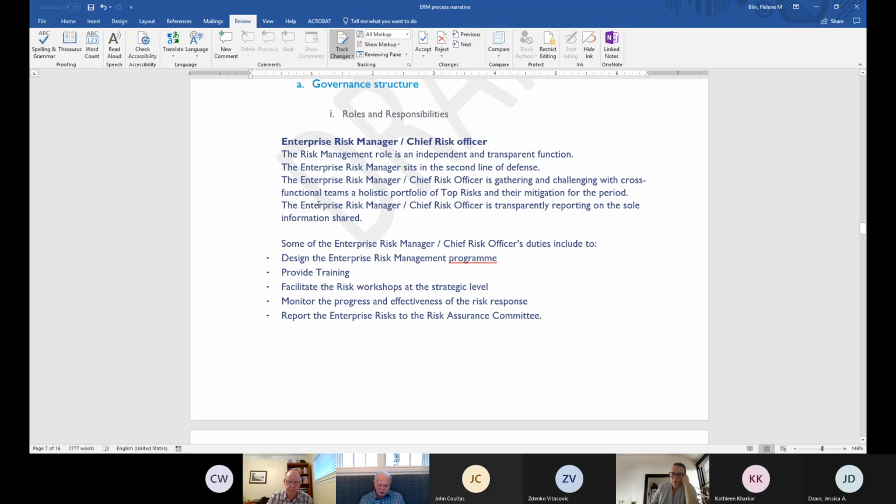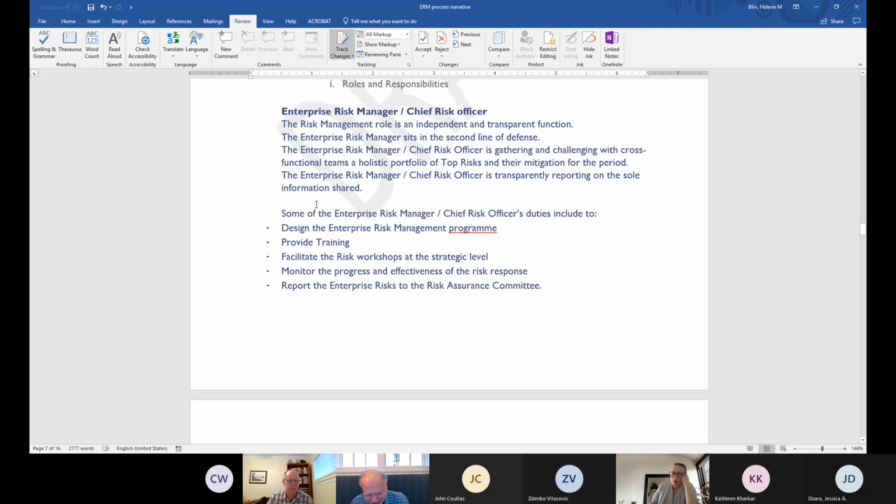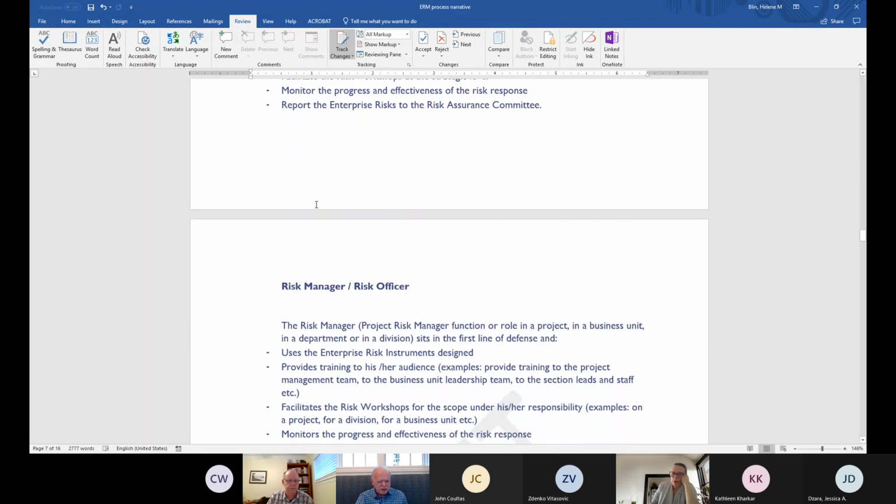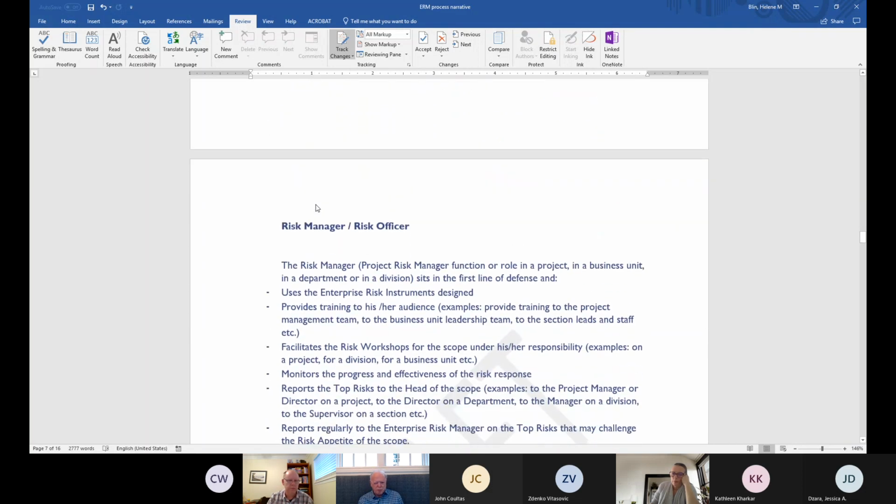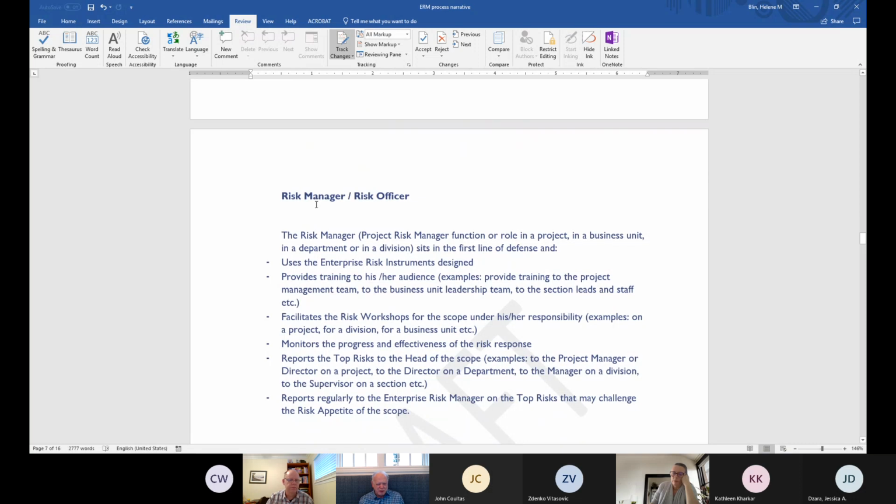Most don't have a risk manager or risk officer. It's not saying that it wouldn't be a good idea, and I like it there as an aspirational goal, but maybe it's just, these are typical roles and responsibilities or something like that.